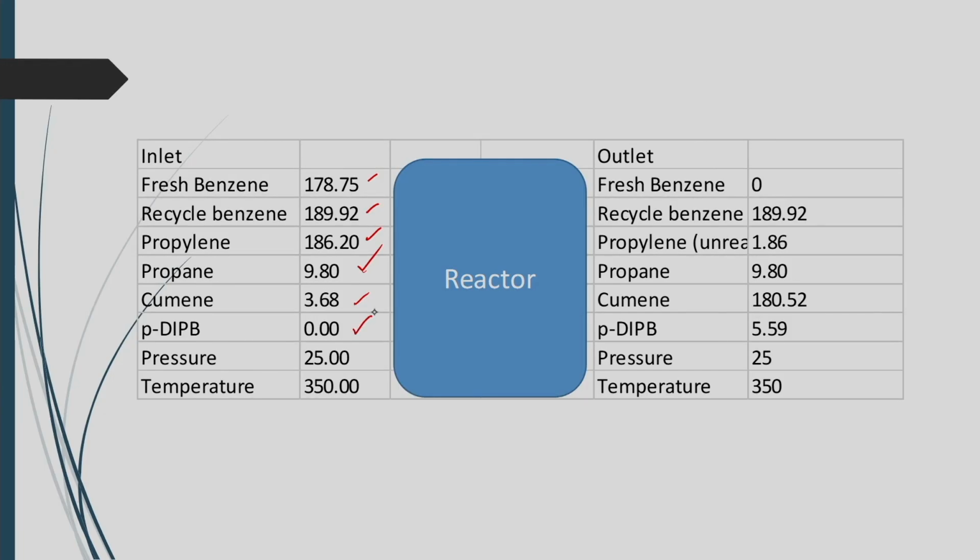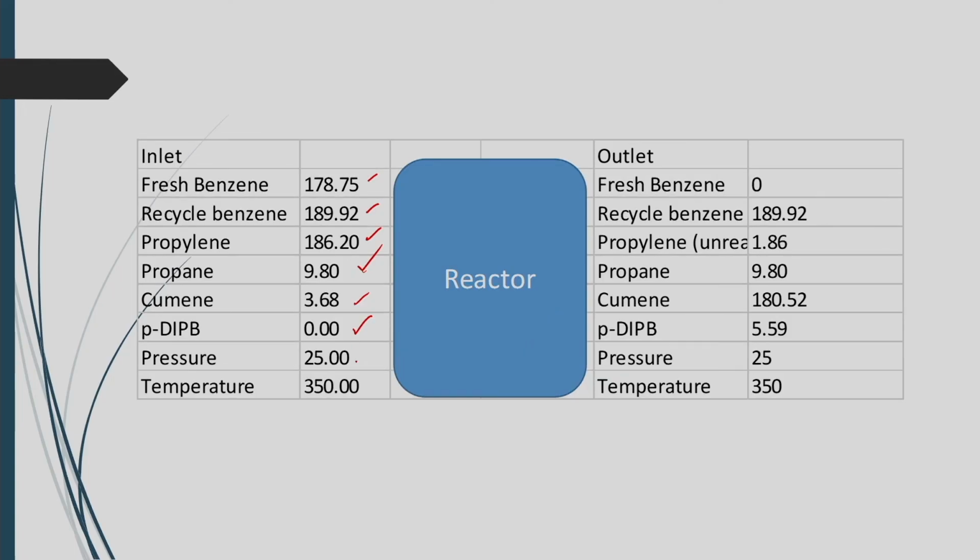And then byproduct, of course, will not be there in the reactor, because 100% of the byproduct will be separated out from the benzene distillation column, and it is used for some other purposes. So, it is not being recycled there. And in the reactor, the pressure will be 25 atmospheres, and the temperature will be 350 degrees Celsius. Whereas at the outlet of this reactor, the fresh benzene will not be there, because this benzene will be reacting and it will be consumed.